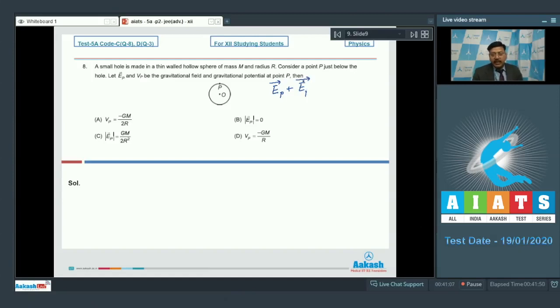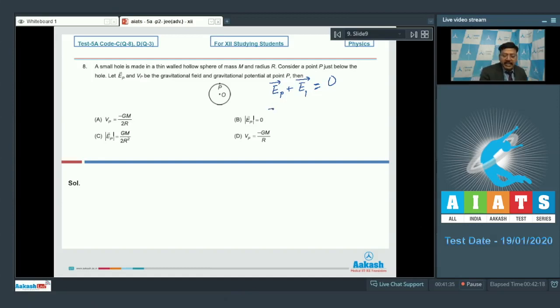So again, E1 vector is the gravitational field due to the removed part, and this is, let's consider it just inside the shell. We know that the sum of these two equals 0 because the gravitational field inside a thin spherical shell is 0.